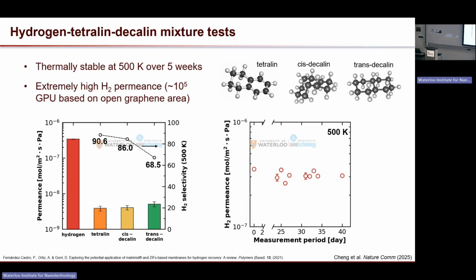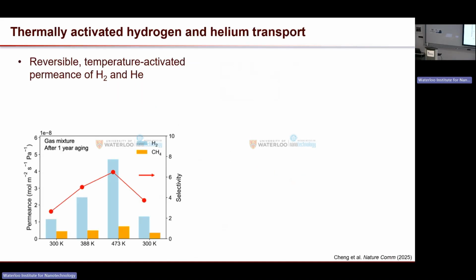And if you look at the hydrogen flow rate versus time, again, it's flat, 500 Kelvin over 5 weeks, no change. And there are some interesting trends between these, which we believe have to do with how these molecules are interacting with the graphene surface. And again, they have extremely low resistance to flow. So again, this is very promising for these kinds of integrated reactors.